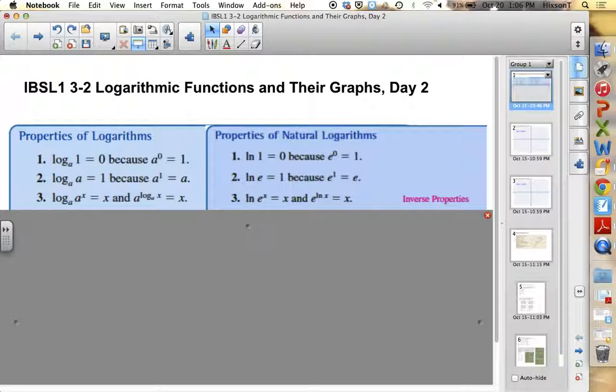Now, you will probably never see this. It's very rare. I'll tell you that. But if you're thinking an exponential and a logarithm with the same base, if it's in a combination where you have the log of the exponential or an exponential with the log in the exponent, either way they're going to cancel each other out. They're inverses.